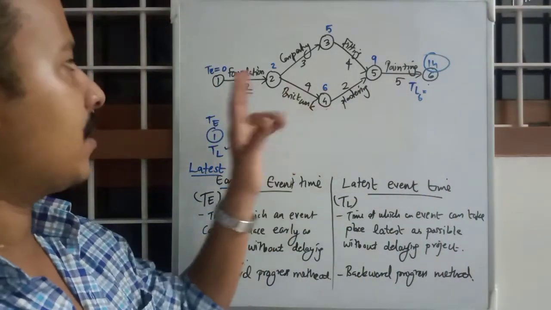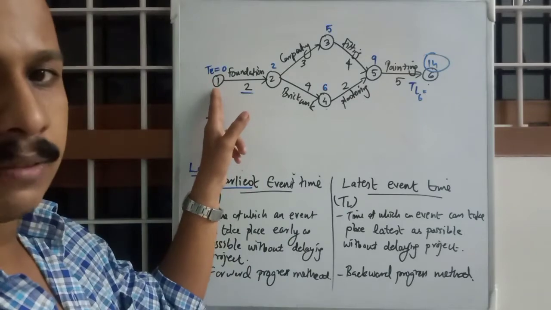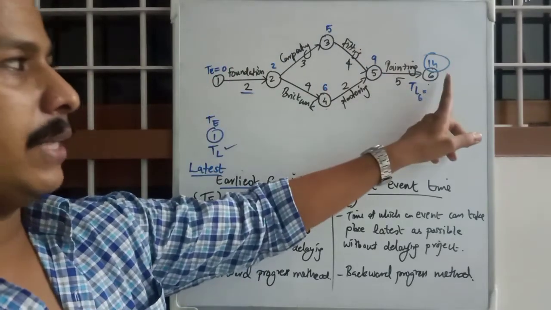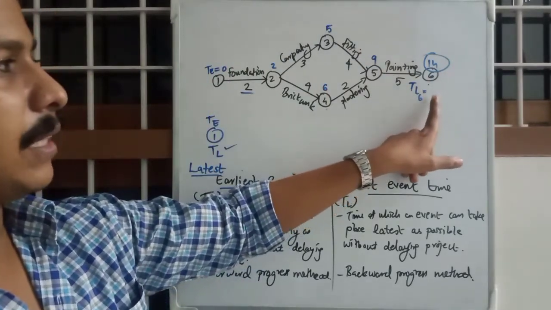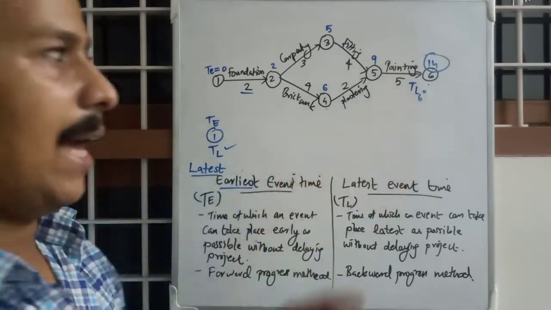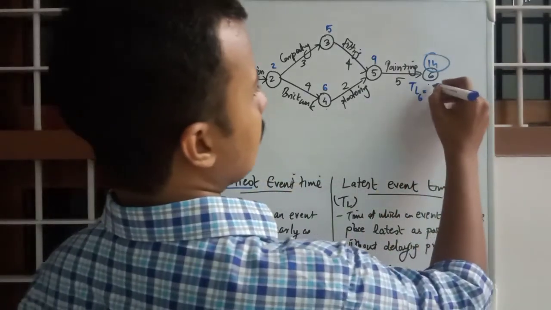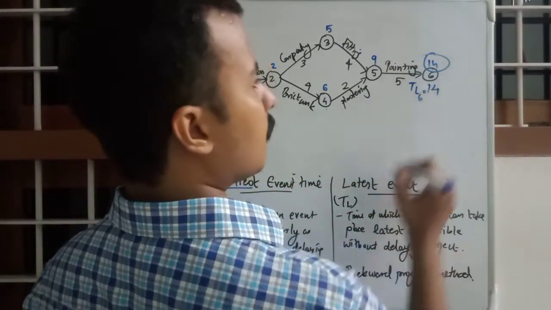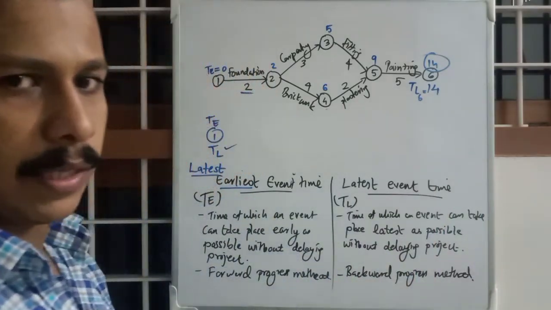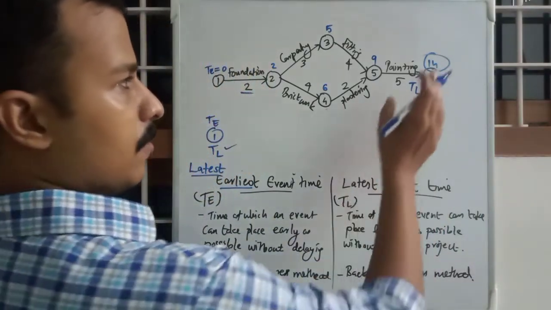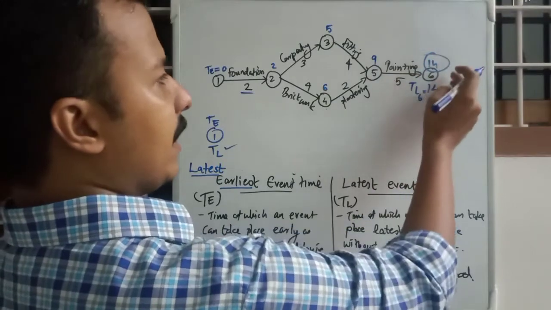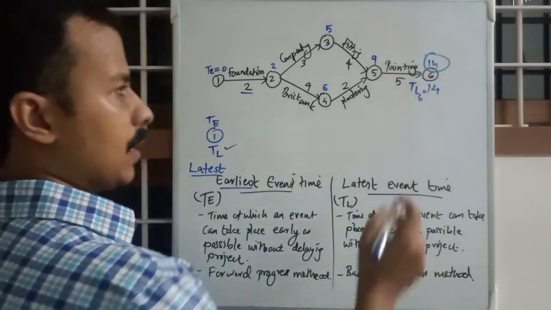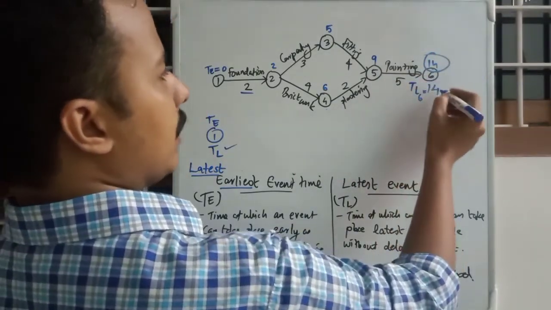As we assumed TE of the first event as 0, you will always take TL of the last event the same as TE, that is 14. Always. So the final event's TE and TL will be the same. So you have TL of 6.